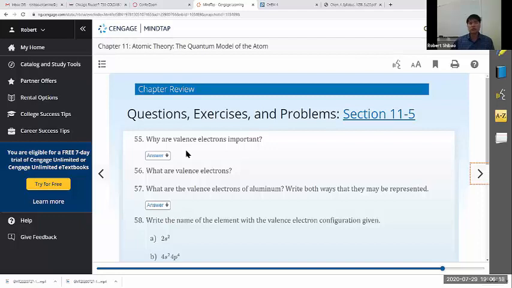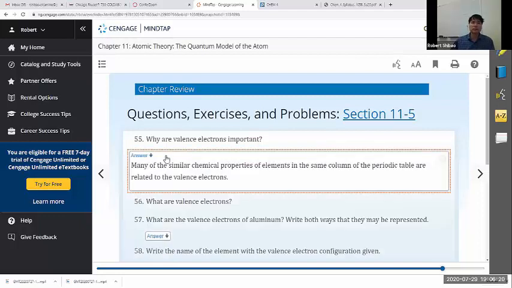So the valence electrons is where chemistry happens. Many of the similar chemical properties of elements in the same column of the periodic table are related to the valence electrons. That's how the periodic table is arranged, based on the valence electrons. Quantum mechanics, basically. The periodic table is based on quantum mechanics.